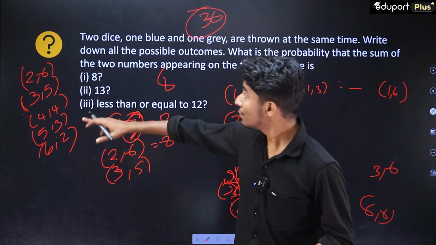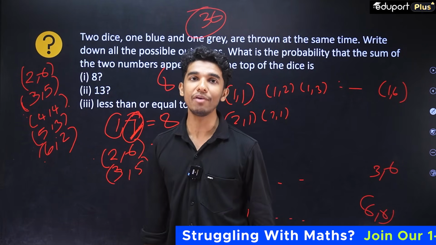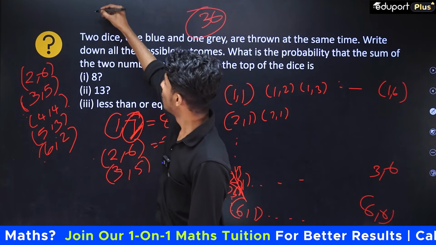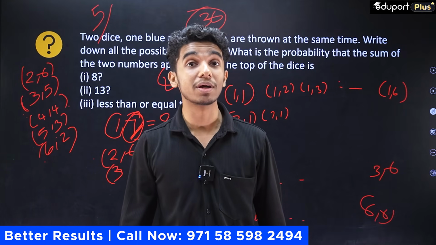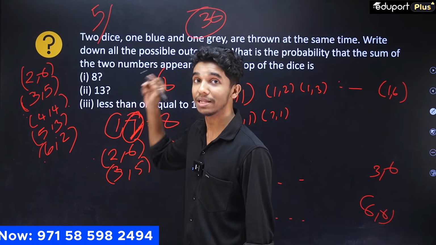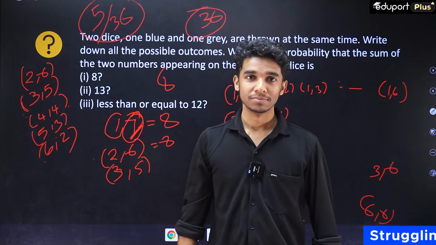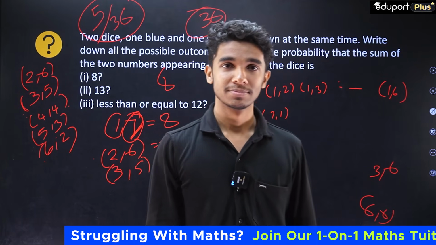Here we have 2,6; 3,5; 4,4; 5,3; 6,2, so 5 favorable outcomes, out of the total number of outcomes, which is 36. So the answer is 5 divided by 36.